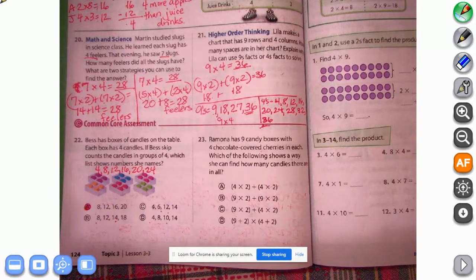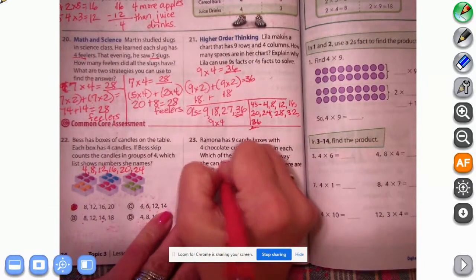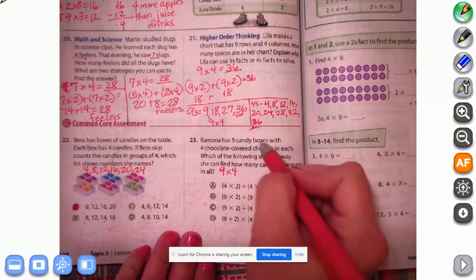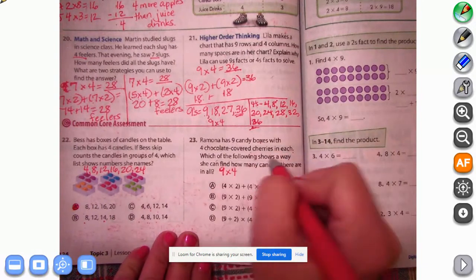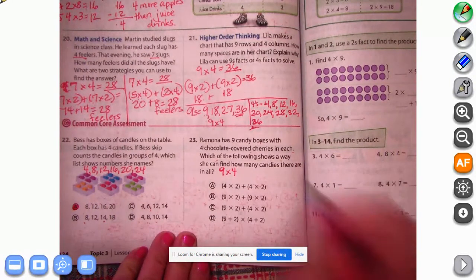All right, so we're going to be distributing this up. 9 boxes with 4 chocolate-covered cherries in each. So basically 9 times 4. Ramona has 9 candy boxes with 4 chocolate-covered cherries in each. Which of the following shows a way that she can find how many candies there are in all?